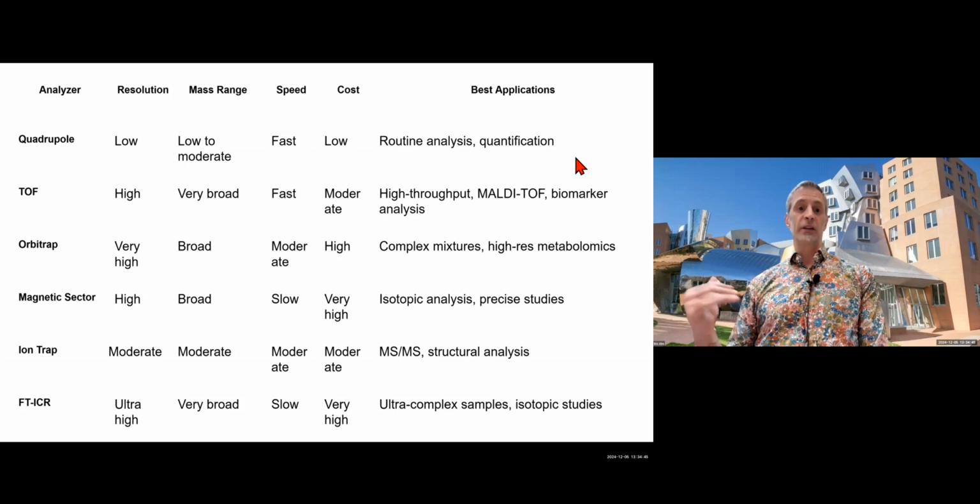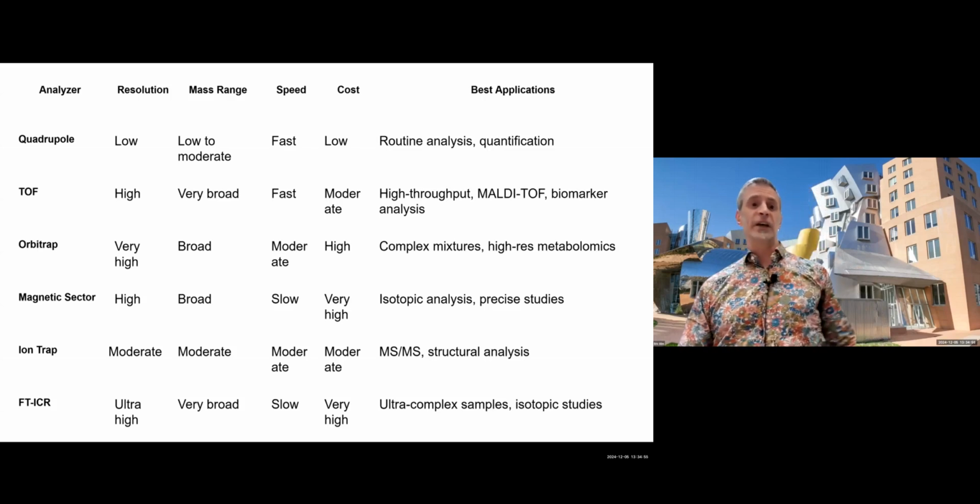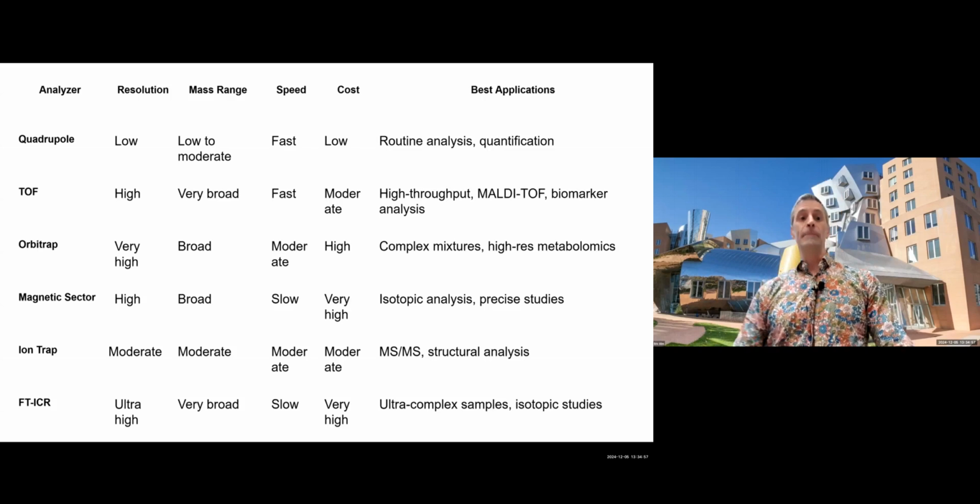So here's a broad overview: quadrupole machines, and time of flight, which is basically exactly what it sounds like. It just measures the time it takes for that ion to hit the detector. And then there's fancier machines like the Orbitrap or ion trap and the Fourier transform ICR.